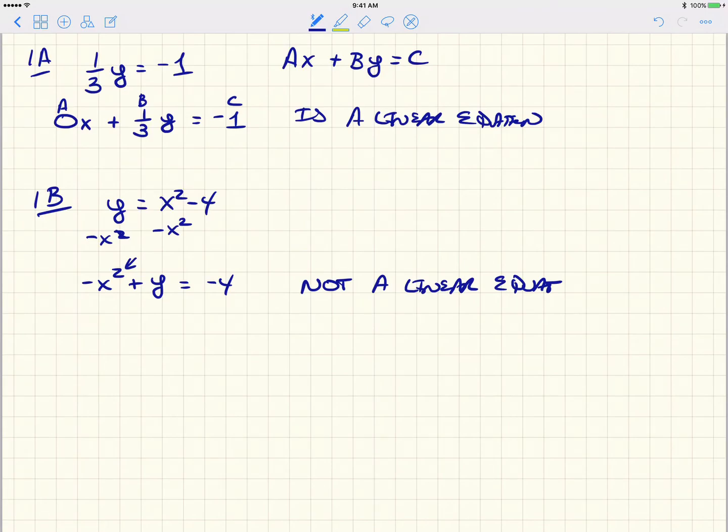This is not a linear equation. So hopefully that clears things up for you a little bit.